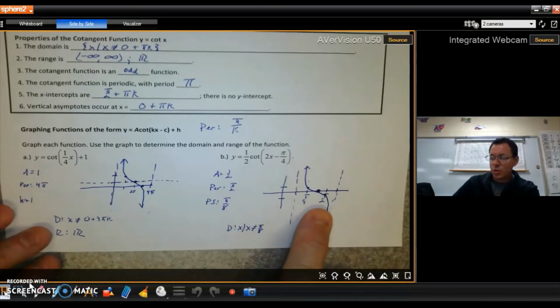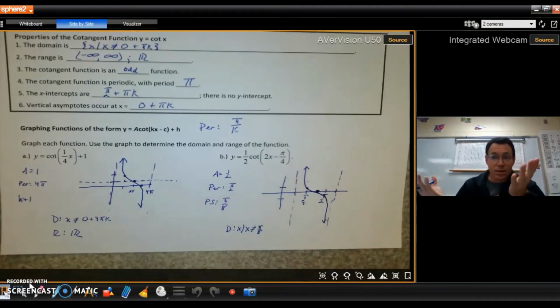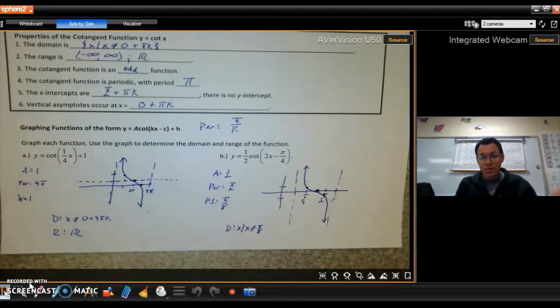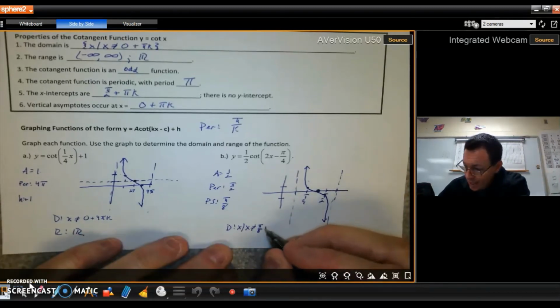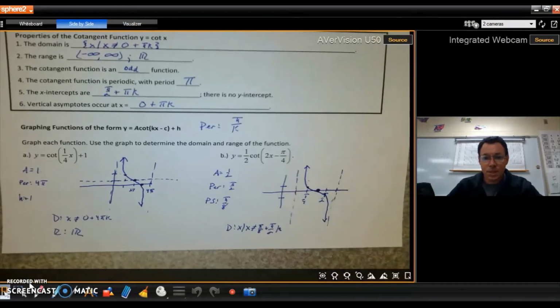So the distance between our asymptotes is pi over 2. That's how wide our period is. The period of this graph is pi over 2. So any multiple of pi over 2 away is where you're going to find another asymptote. And then again, the range is all real numbers. Okay, so that's the cotangent graph.